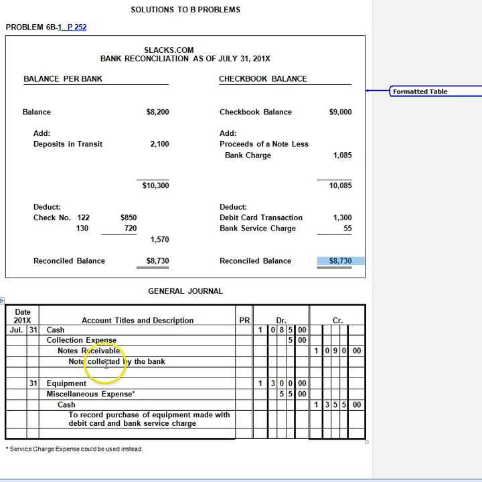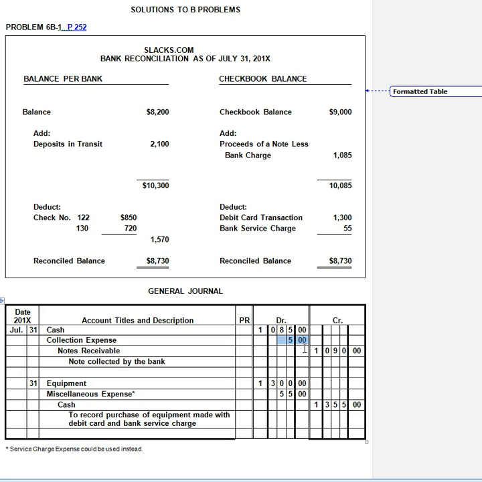So they recorded that as a debit to cash of 1085. So it's in sync with what you see up here on the reconciliation, but the amount of the note was 1090. So that's how we have to take the note out of the books for the full 1090 that it was on for, and the difference is an expense that we have to record.